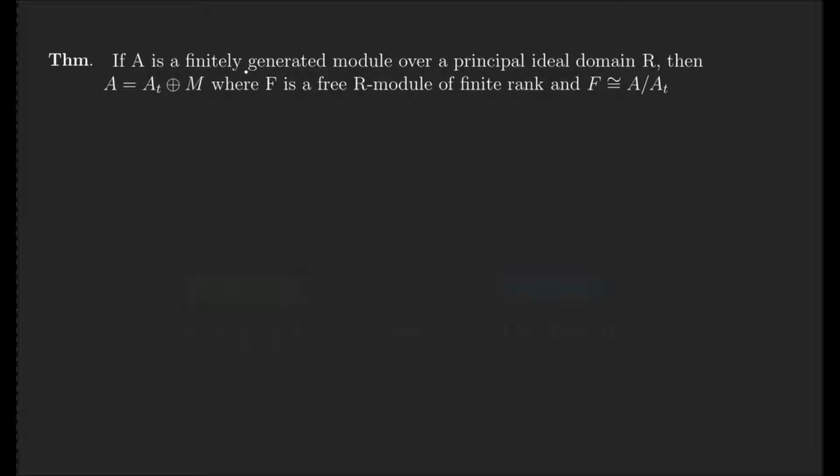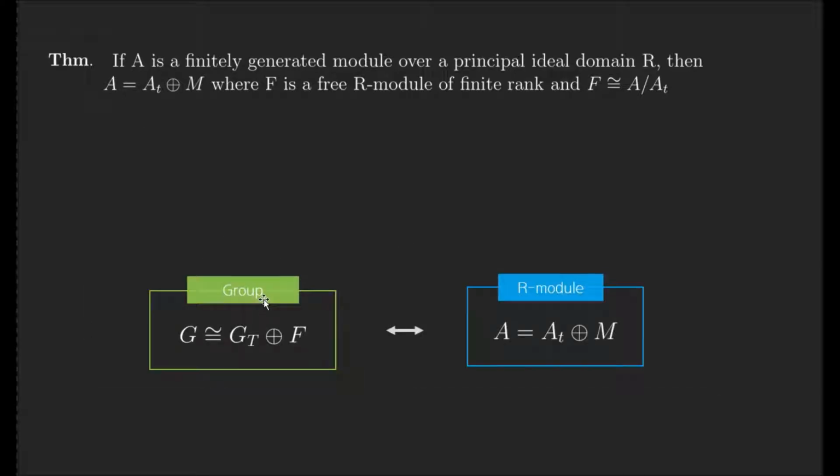If A is a finitely generated module over a principal ideal domain R, then A is decomposed into a torsion submodule AT and a torsion free part F, where F is isomorphic to the quotient of A by AT. Then this is the answer, which also answers our first question in the introduction of the lecture.